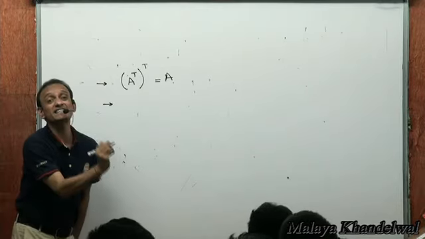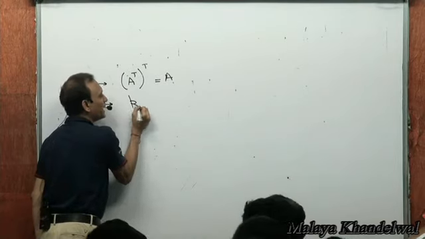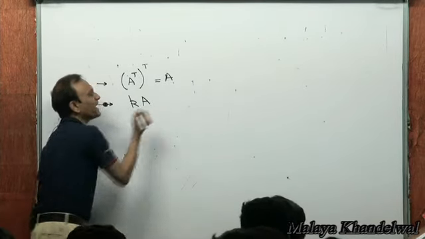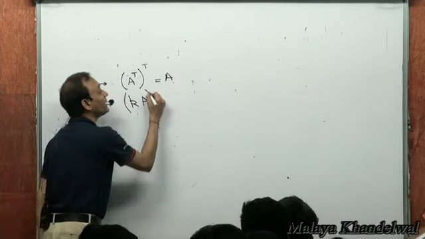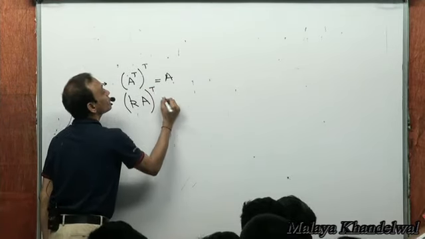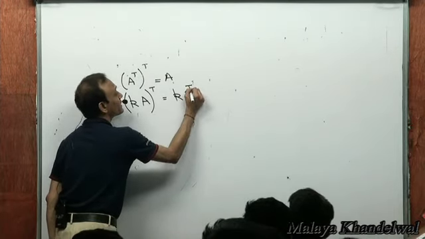If K is a scalar and it's multiplied with the matrix A, then K A transpose will be the same as K times A transpose.